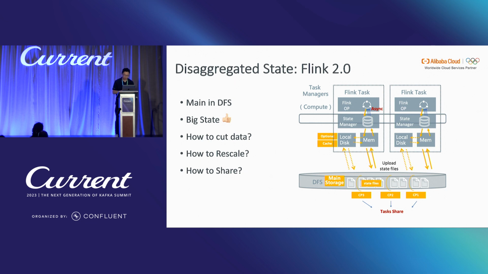And how to share. For this disaggregated state in Flink 2.0, we want this state to be shared by multiple tasks. There are problems, and we don't know yet. These things are still being researched.